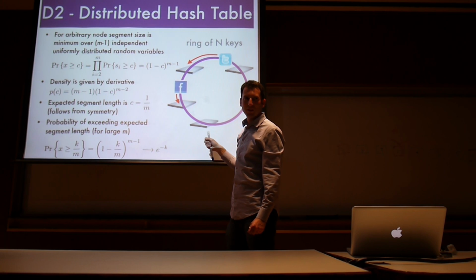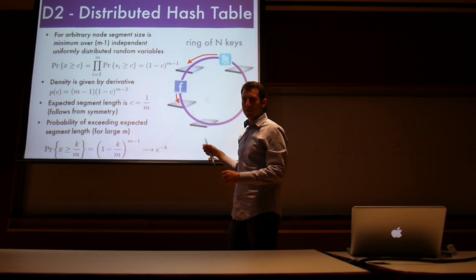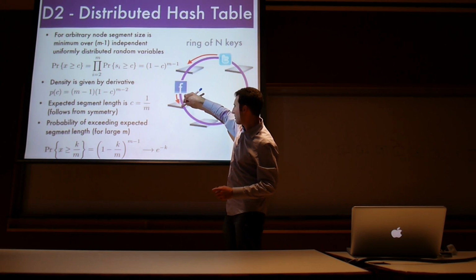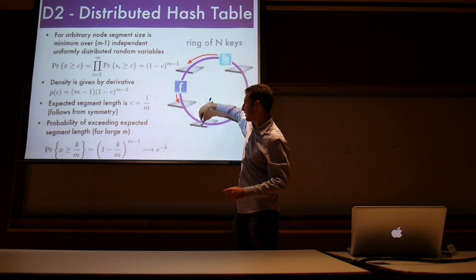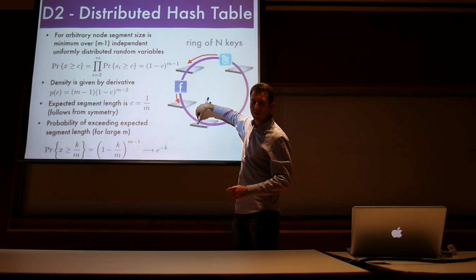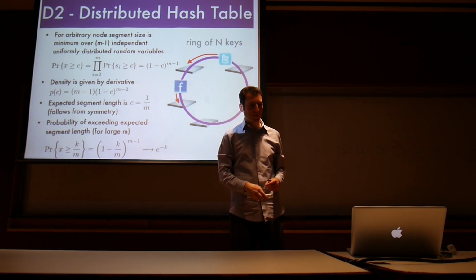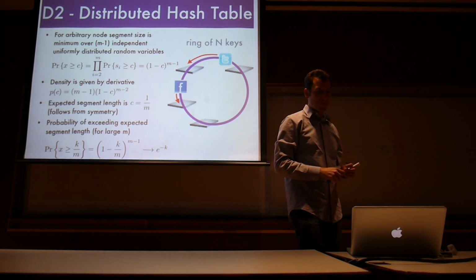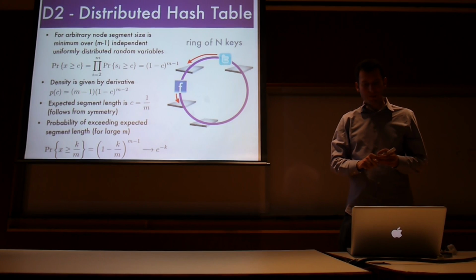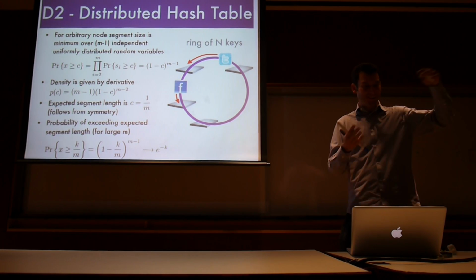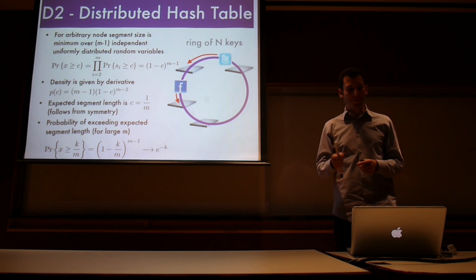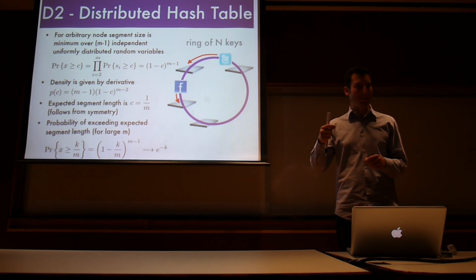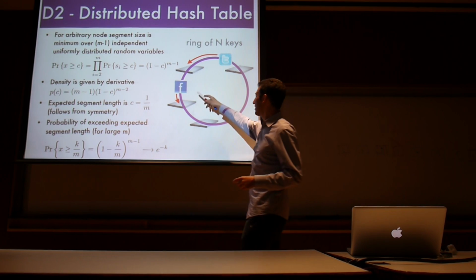Now, the question is then, which machine is going to come closest to this machine here? Because that determines the length of that segment. So I basically have a random variable x, which tells me the size of the segment, and it's going to be given by the minimum over some other random variables s_i, which are basically the positions of the other machines.